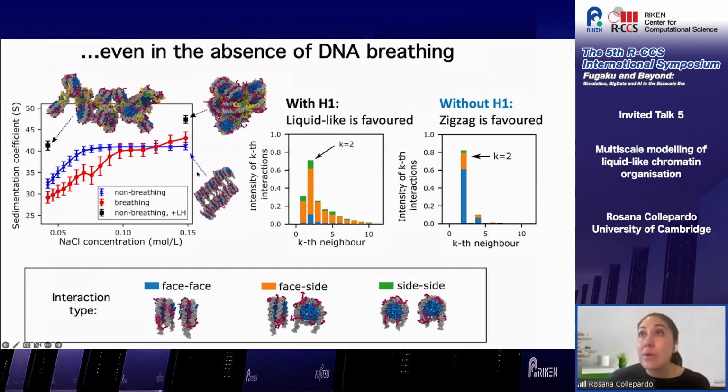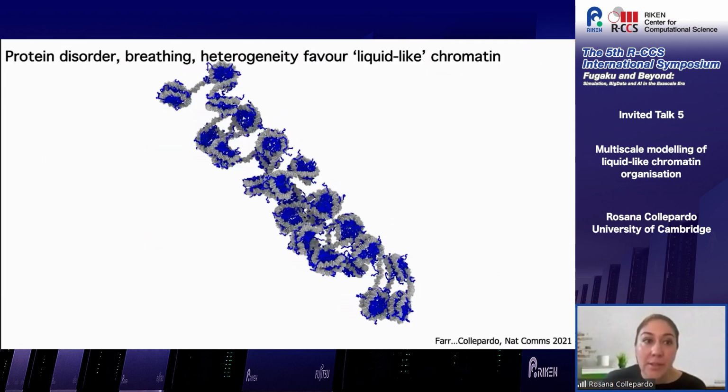So if we now start with one of these chromatins where we have inhibited breathing motions, we, as I mentioned before, see that it forms regular systems, and simply adding this disordered protein enhances the compaction and also transforms the system again to this disordered type of liquid-like organization, where a wide range of nucleosome interactions are promoted.